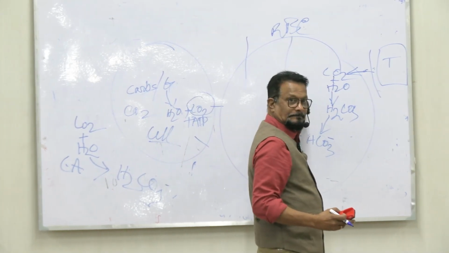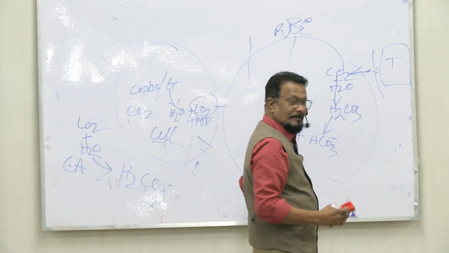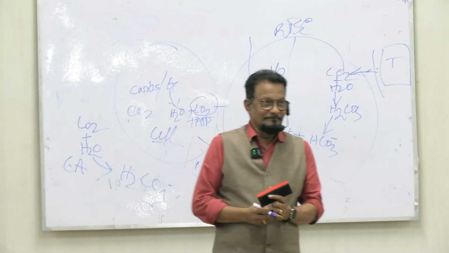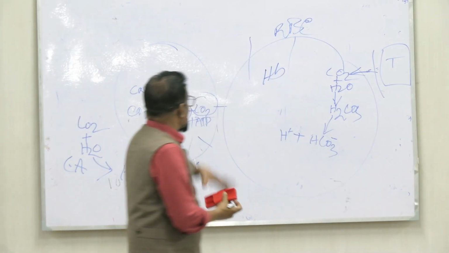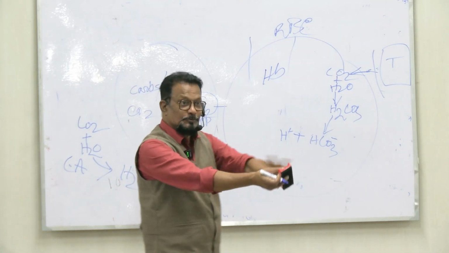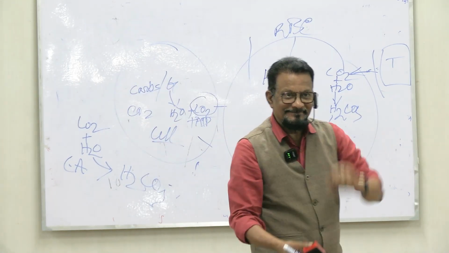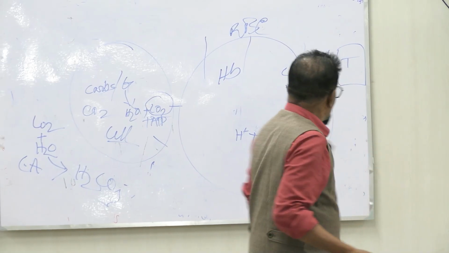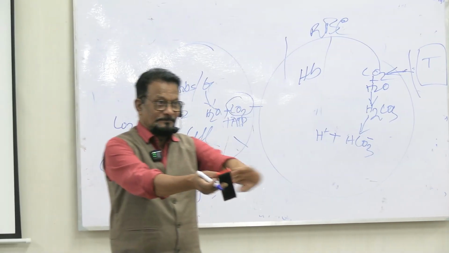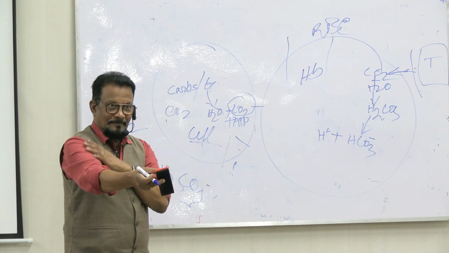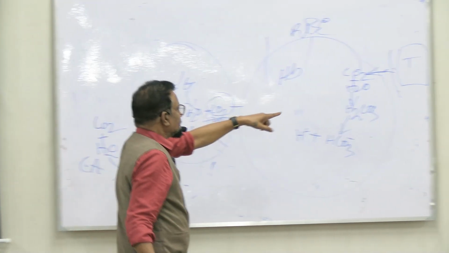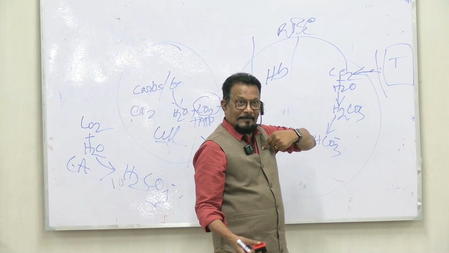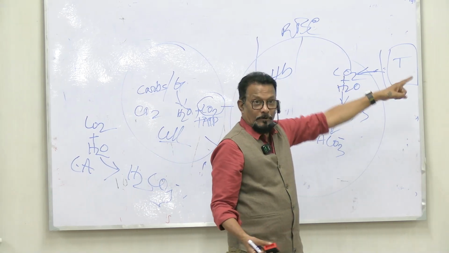This RBC contains hemoglobin. This blood is coming to tissues to supply oxygen and to bring carbon dioxide. So it is coming to the tissue level. So at the tissue level, only carbon dioxide will enter, and in lung, opposite thing will happen.